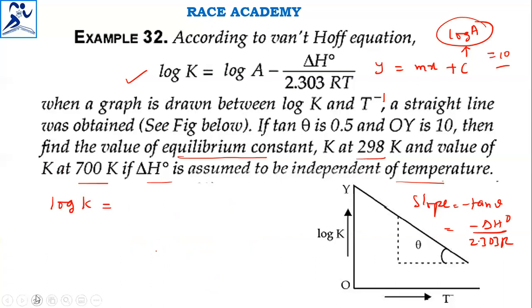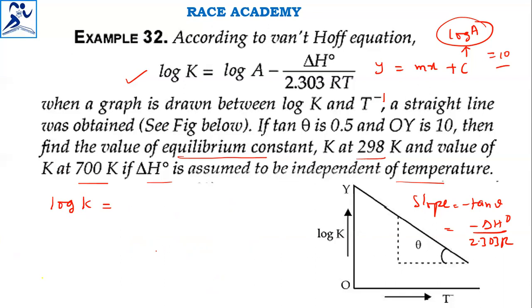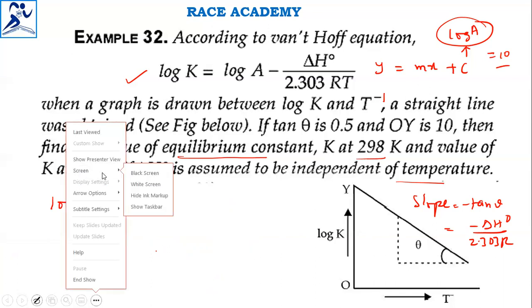I will do it on the other screen. Let us see. Log K is equal to the formula log A minus ΔH° by 2.303 R T. We don't know the K value, but the log A value we know, that is 10.